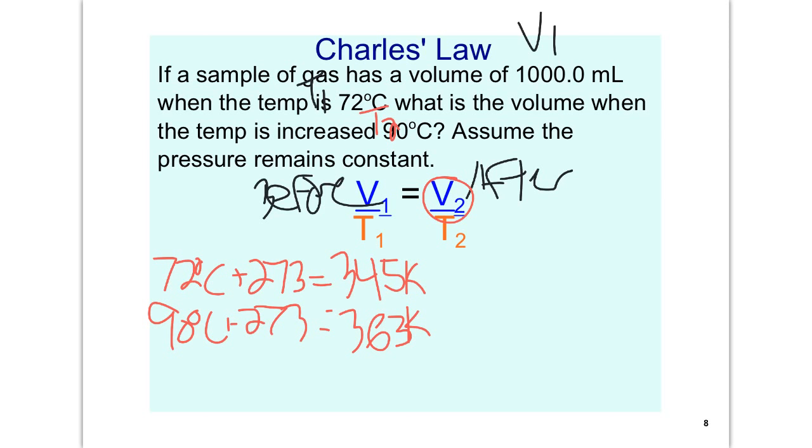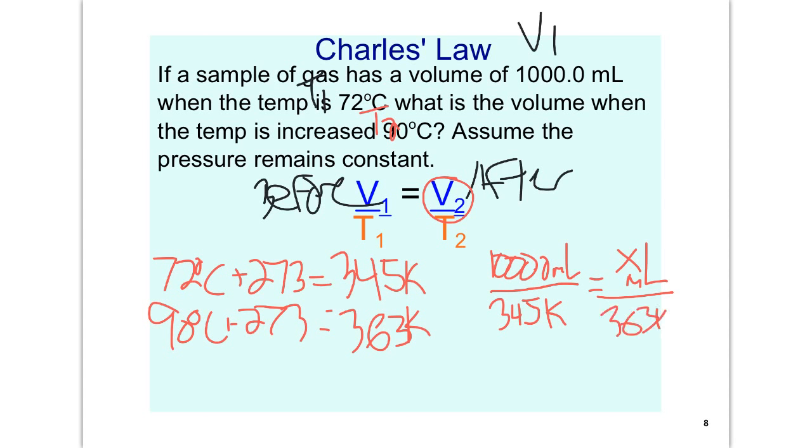So our V1 we said is 1,000 milliliters over our T1 of 345 Kelvin is equal to X amount of milliliters, divided by our temperature of 363 Kelvin.